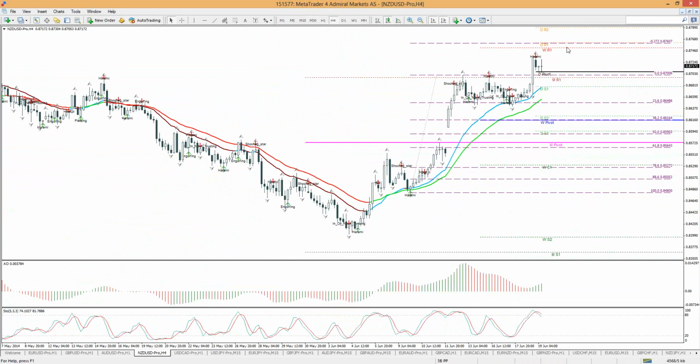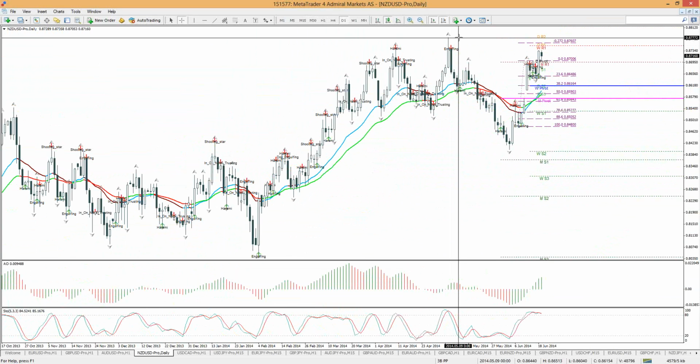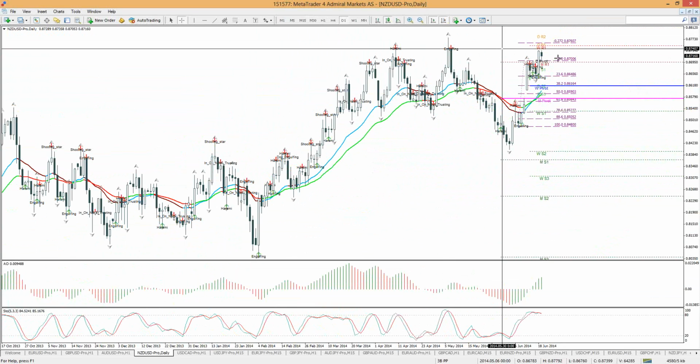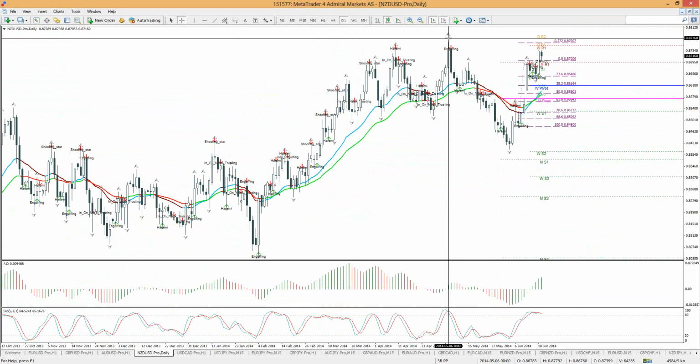That would be a bigger target for the moment, at least on this 4-hour chart, where price indeed could stall when it gets there. Not only is there a minus 272 target, but we can see a bigger top, about 87.78.